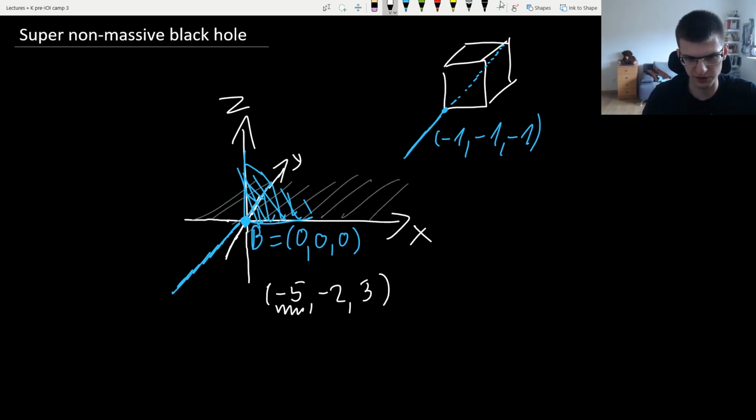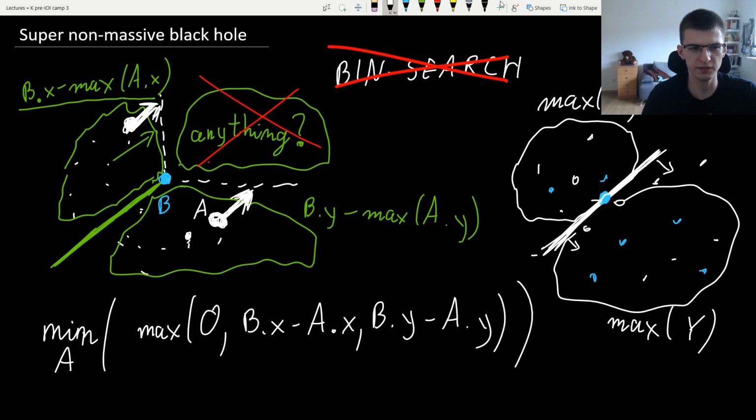So the first part is those where x is the minimum coordinate compared to b. Here we had the same thing. The description of this part is points that have x smaller than y, assuming that b is 0, 0, 0.